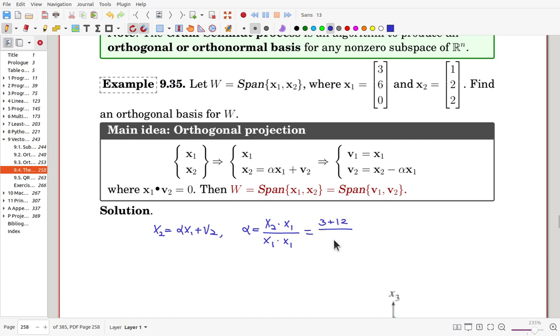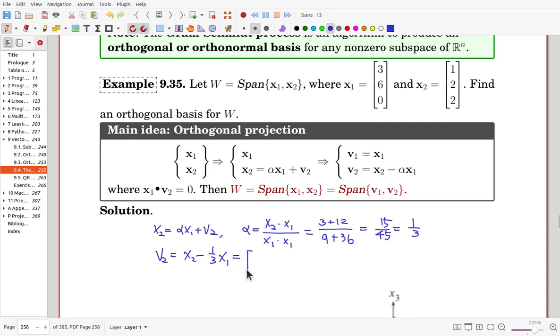Now, x1, x1, that is here 9 plus 36. So it is 15 over 45, and that is 1/3. So v2 can be x2 minus 1/3 of x1.